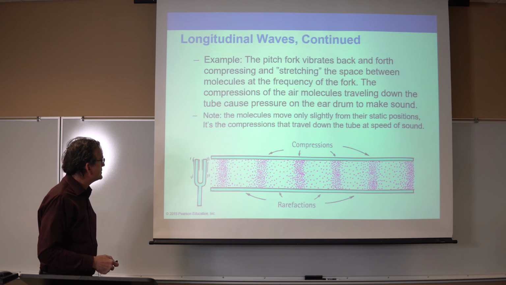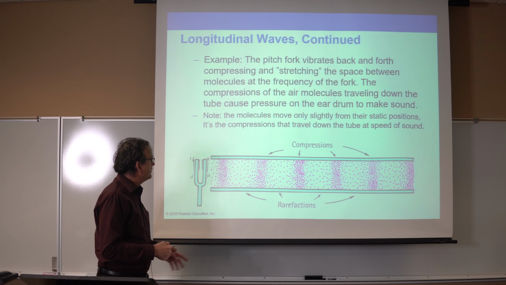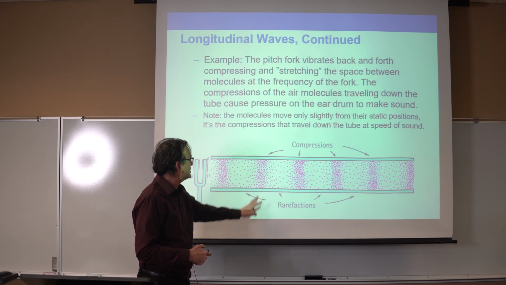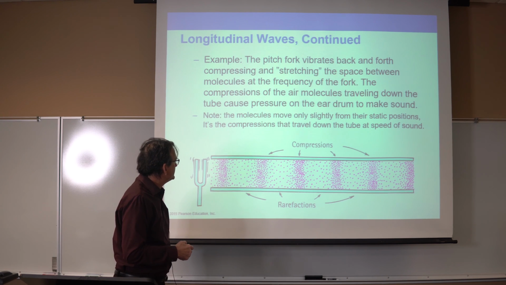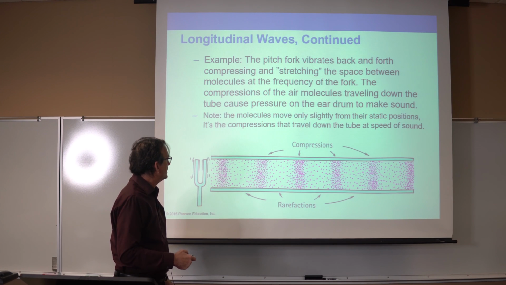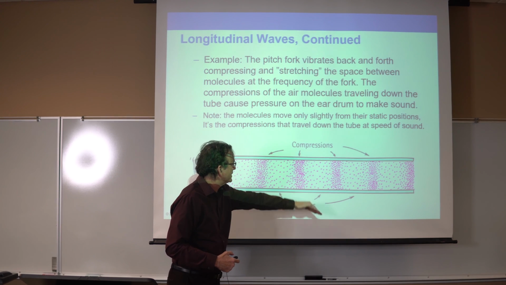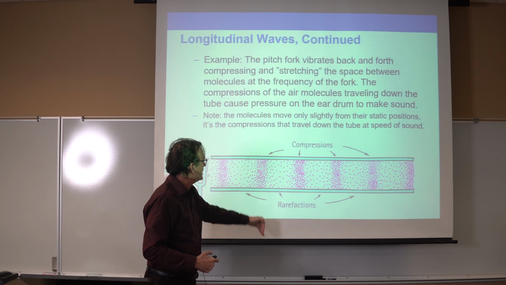what we see is that we can think of the compressions as being a region of high pressure, high density. And so if I were to plot density of air molecules along here, it would go high density, low density, high density, low density, and that produces a sine wave.